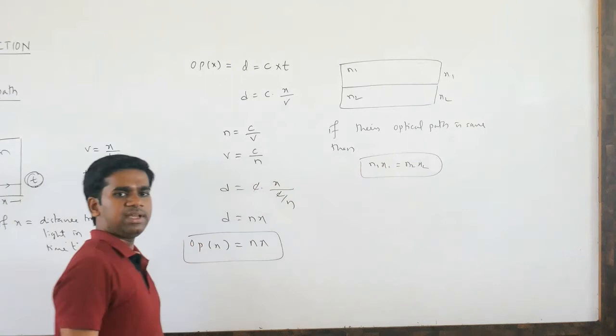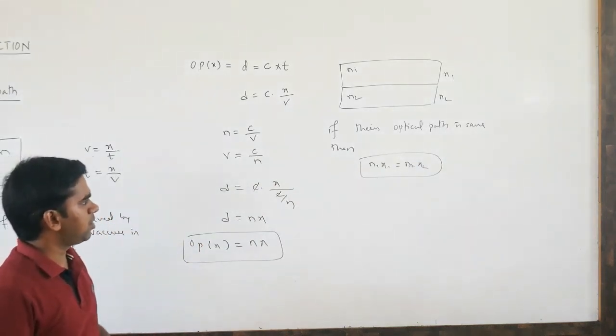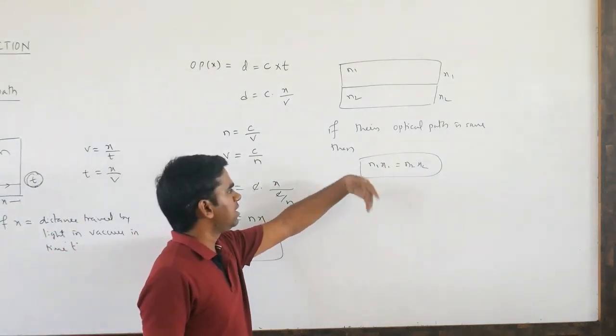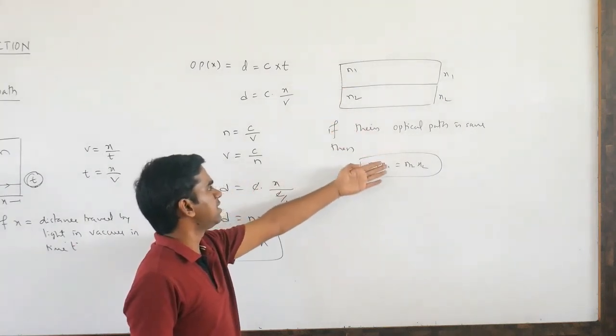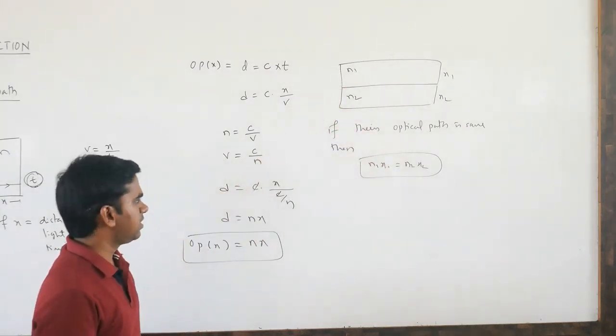With the help of this we can solve many problems where they can ask to find the thickness of the second or the first, or the refractive index of the second or the first.